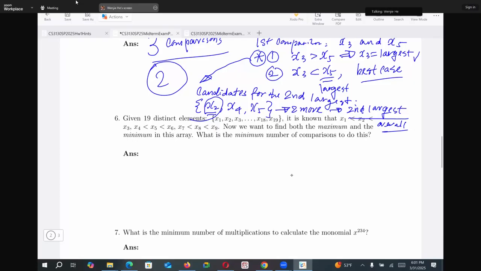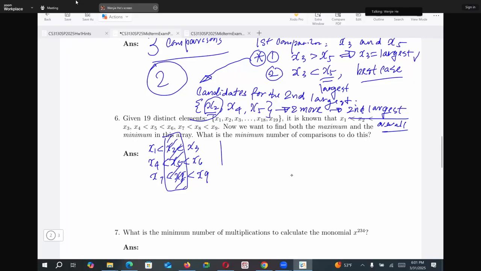All right, so we group the elements in two parts. The first part, the first 9 elements: x1 less than x2 less than x3, x4 less than x5 less than x6, x7 less than x8 less than x9. The middle 3 elements can be eliminated, right?